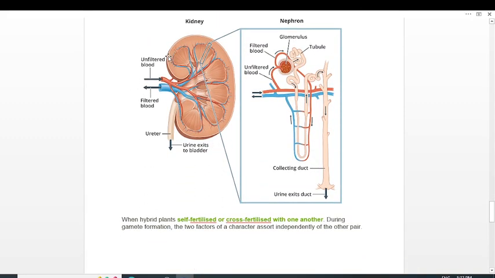See, so this is the kidney. In the kidney you can see this is a cortex and medulla region. So the nephrons are located on both sides, and each nephron structure has a Bowman's capsule.